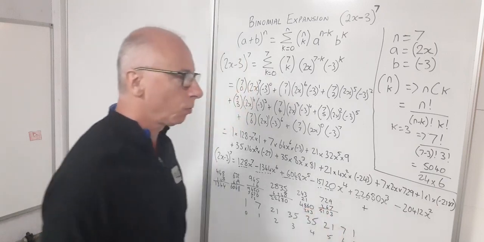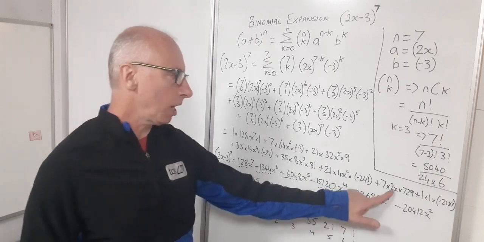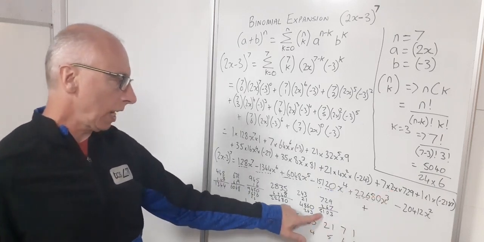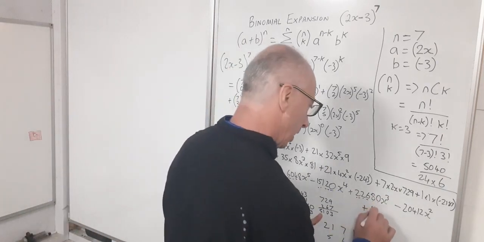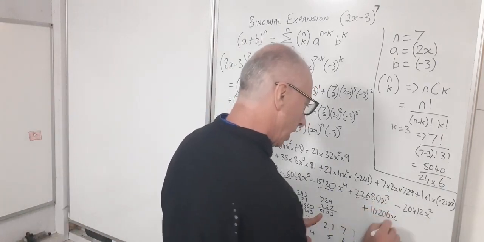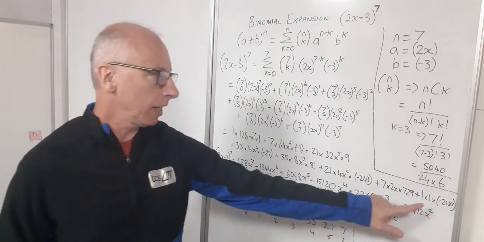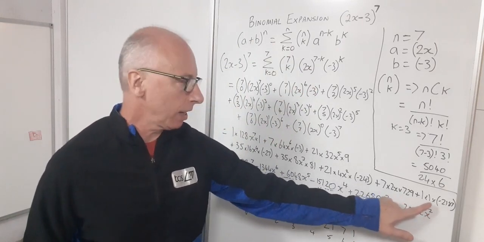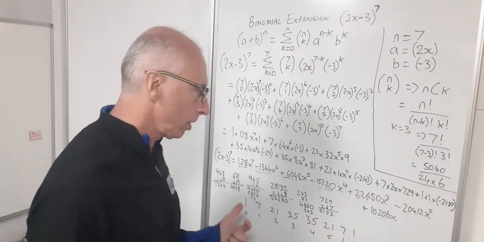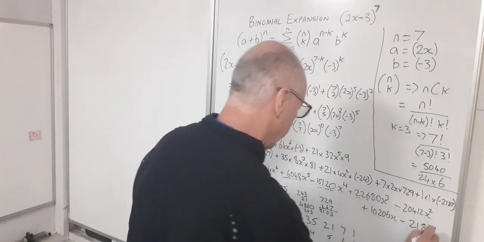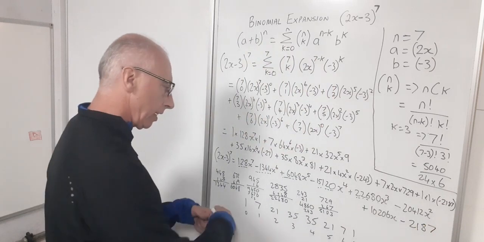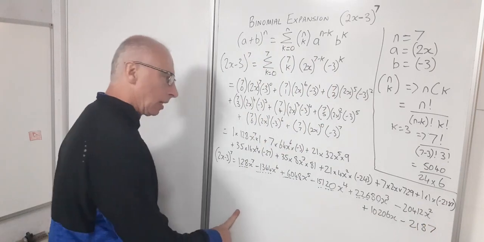So 5,103. And then we times that by 2. We get 10,206, plus 10,206 times x, and then finally minus 2187 times 1 times 1, easiest question of the day, minus 2,187.